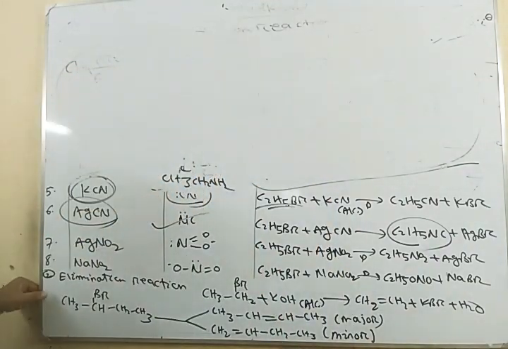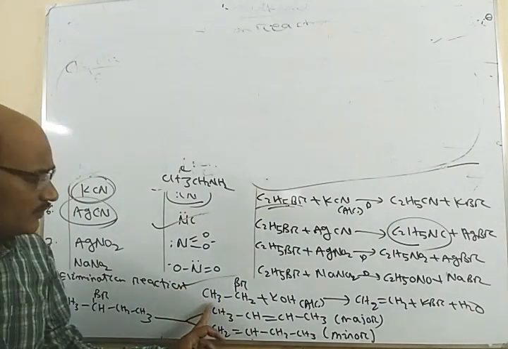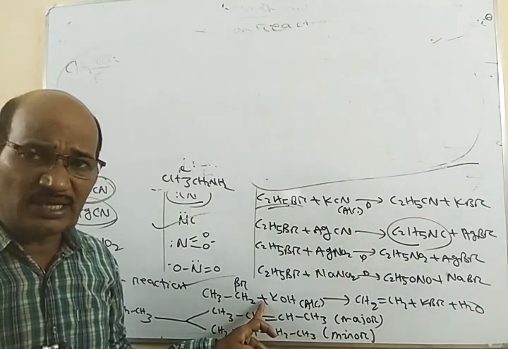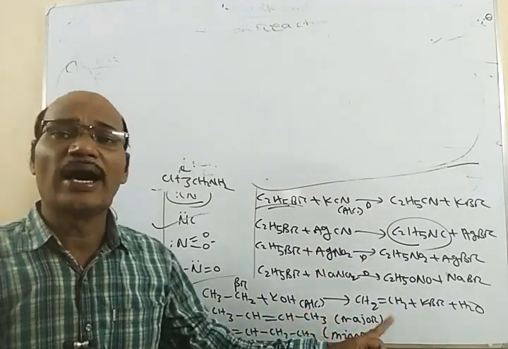Also see, haloalkanes also show elimination reactions. You will see CH3CH2Br, ethyl bromide, with alcoholic KOH will give your alkene.